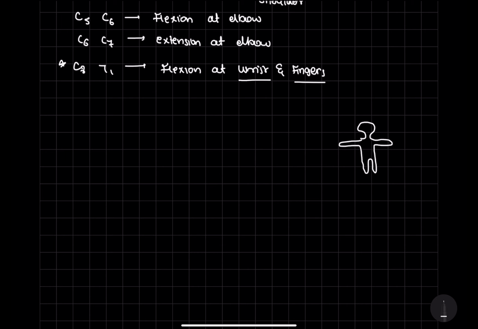In that accident, if the angle between his head and his upper limb is increased, then this is going to cause an upper trunk injury. And this upper trunk injury is what we call Erb's palsy.